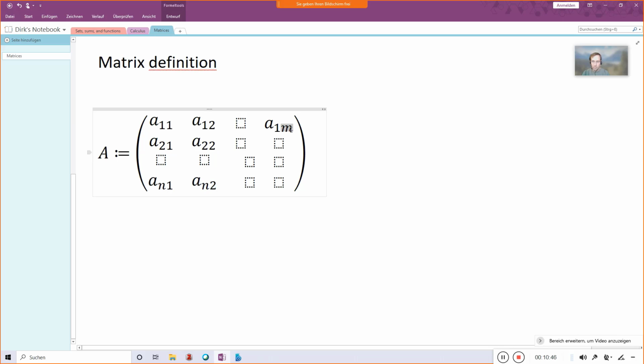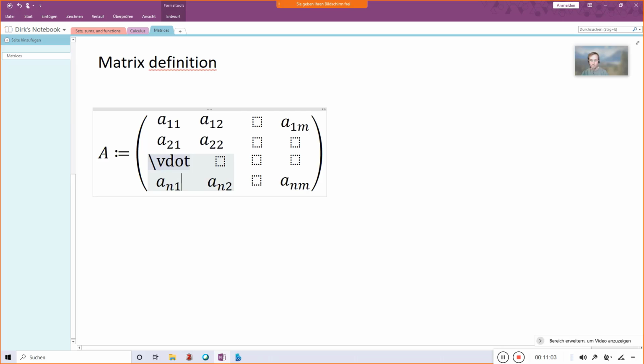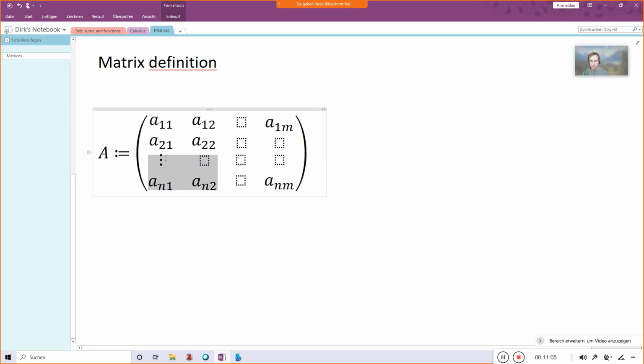So you see that this matrix has m columns, and then we have all elements here, and then what you often see is these kinds of dots notations. So there are of course elements also between A21 and An1, but we don't show them, so we put dots there.